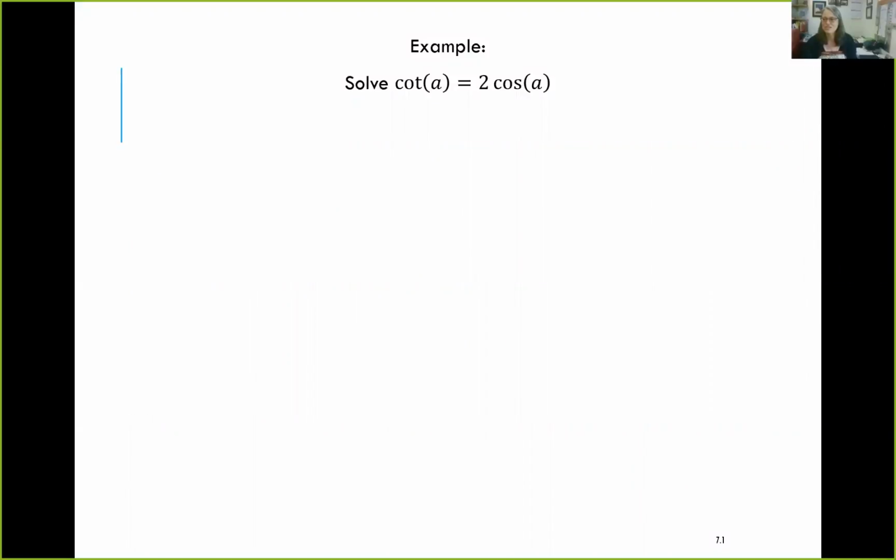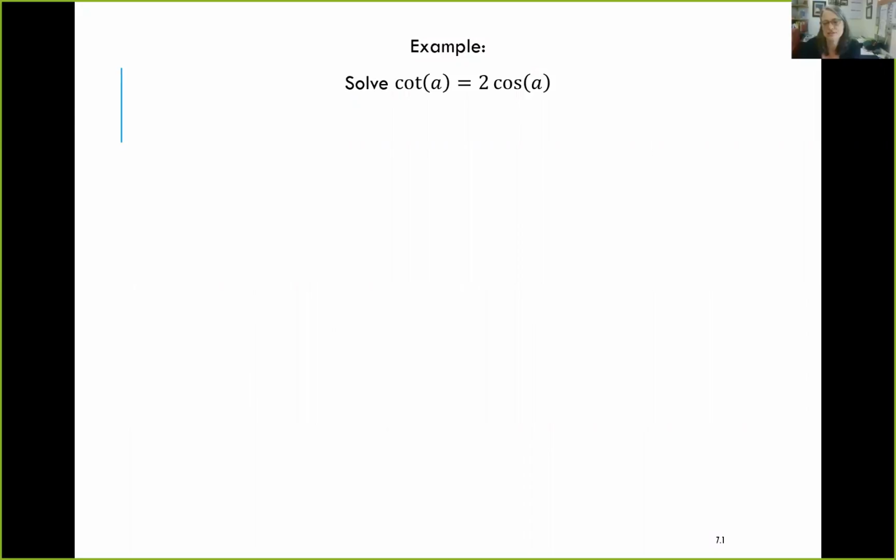So what are we going to do here? Okay, what's cotangent? Well, we've got to make our functions match. We've got cotangent of A equals 2 cosine A. All right, well, let's see.